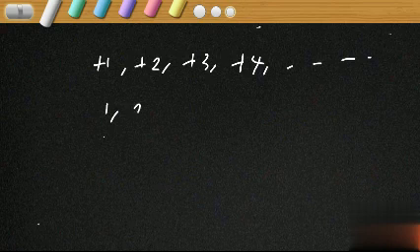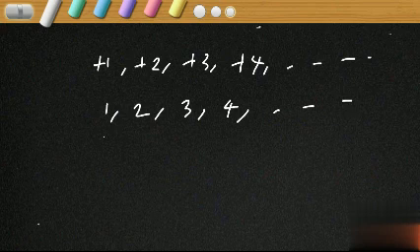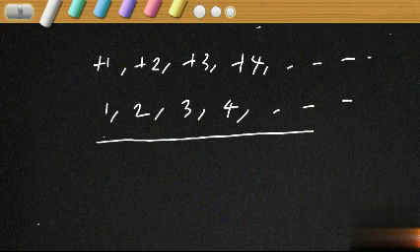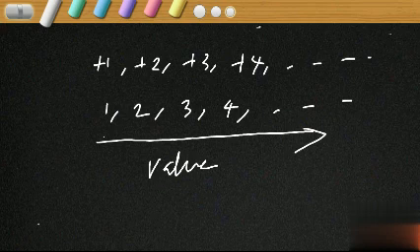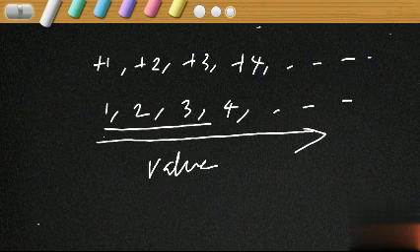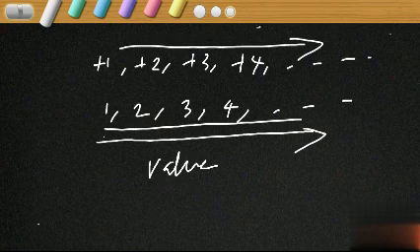Magnitudes are 1, 2, 3, 4, etc. So as the magnitude increases, the value of the numbers also increases. Clear? As the magnitude increases, the value of positive numbers also increases.